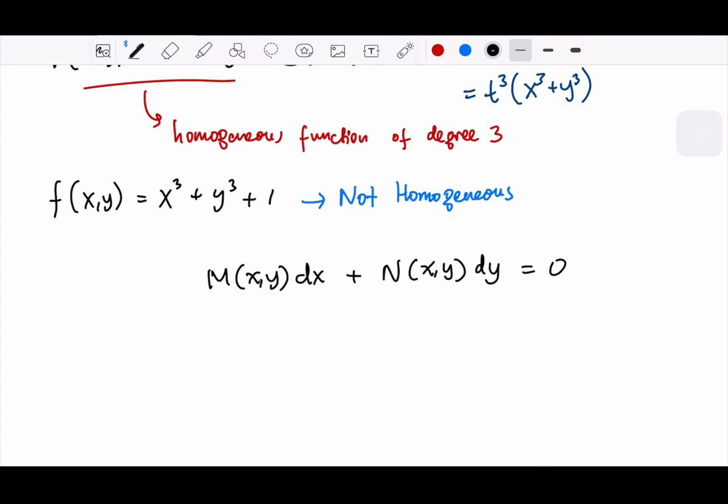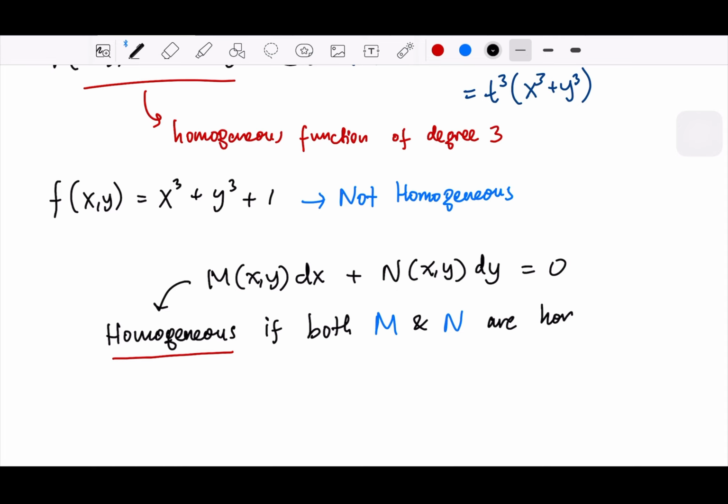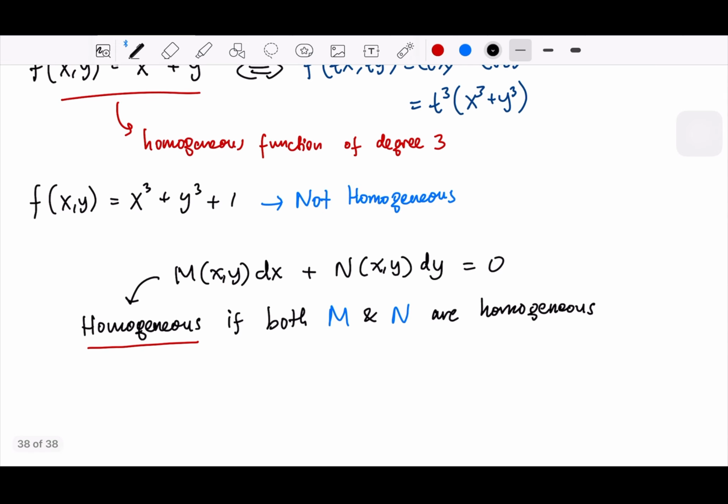So we can say this is homogeneous if both M and N, maybe using blue, M and N are each homogeneous functions of the same degree.